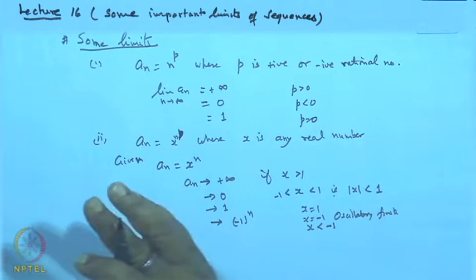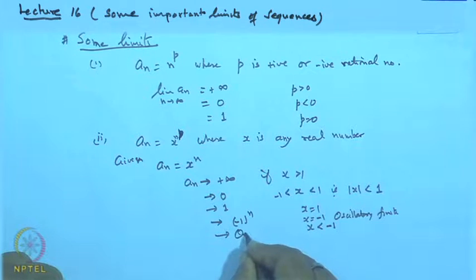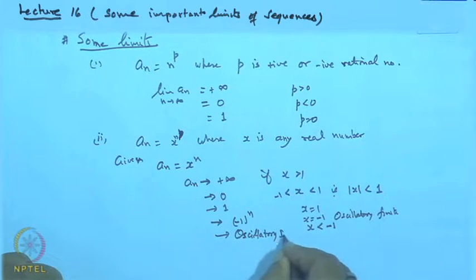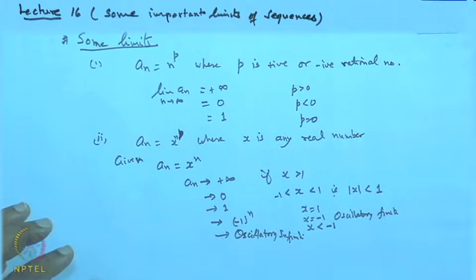So, the mod of this is bounded. But if x is strictly less than minus 1, then it is oscillatory infinite, is it not? It will go plus infinity, minus infinity. So, we get this.